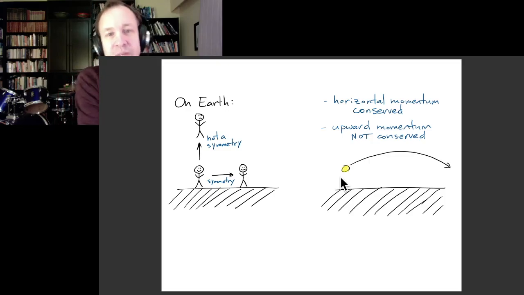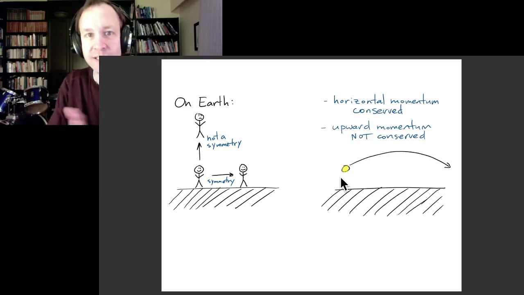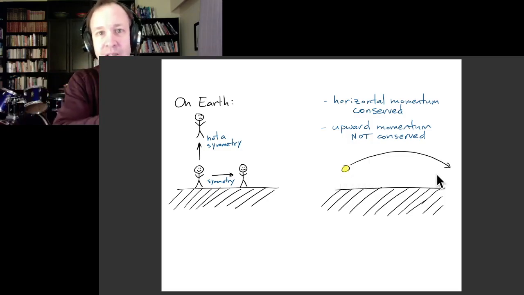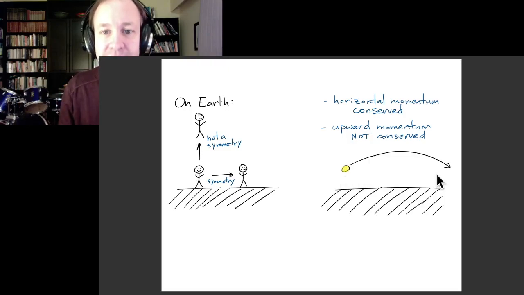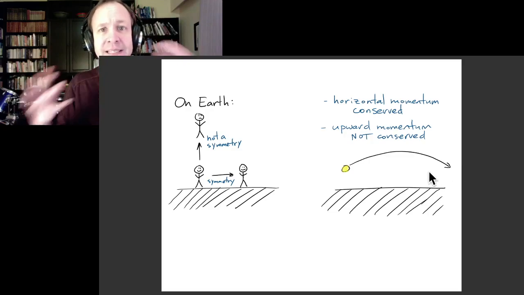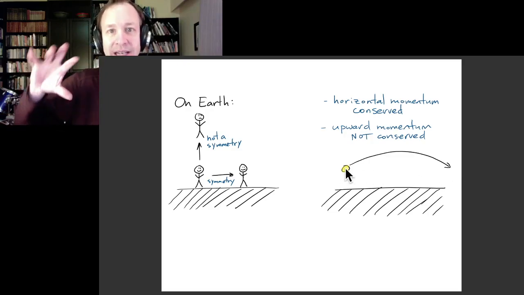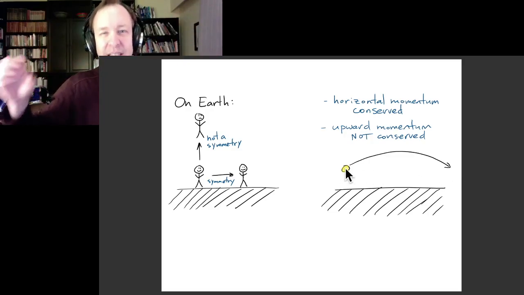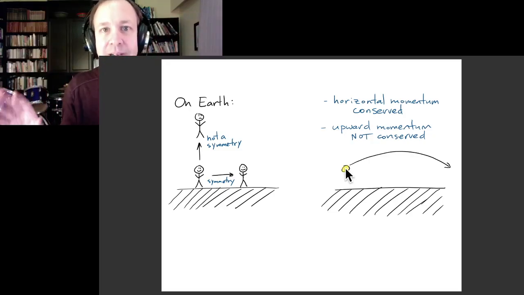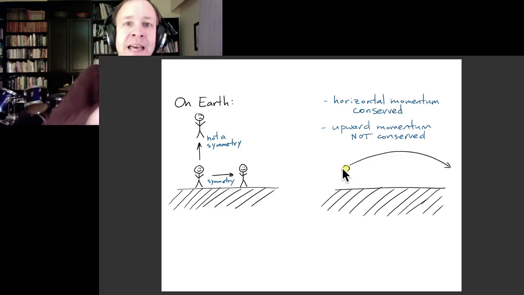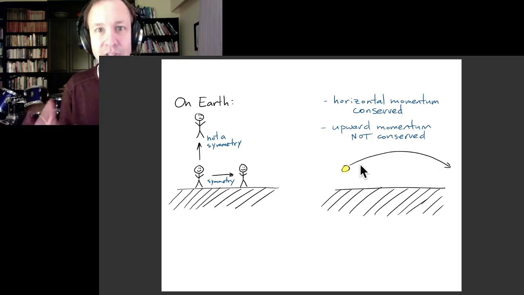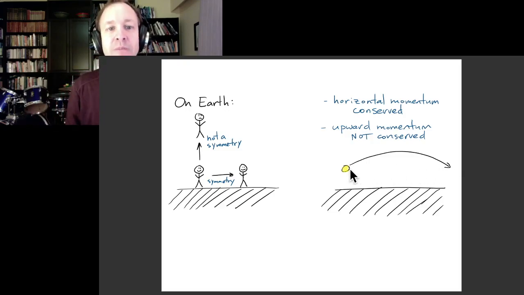Because we have a symmetry under these horizontal translations on Earth, we should expect that momentum in the horizontal direction is conserved. This is true at least in the approximation where we ignore air resistance, since the air molecules also break the symmetry. But let's ignore the air for now, and then we would find exactly that the momentum in the horizontal direction is conserved. But what about momentum in the vertical direction?